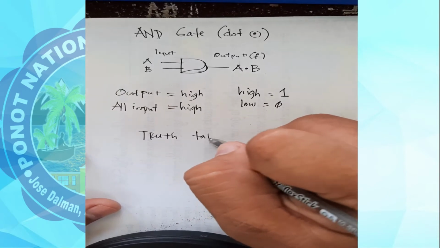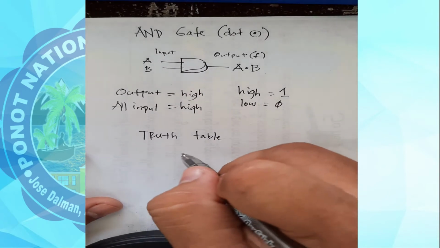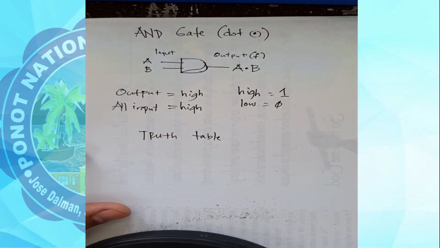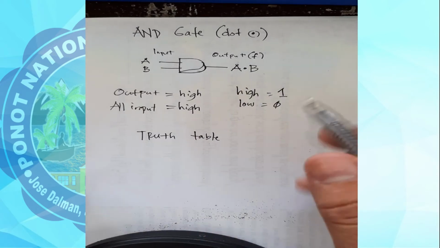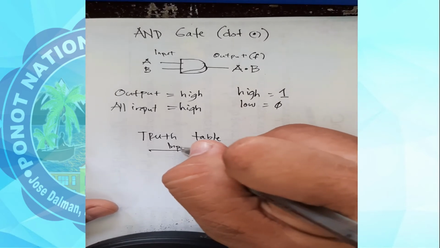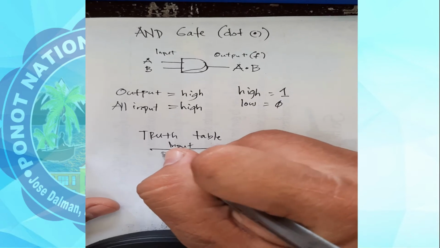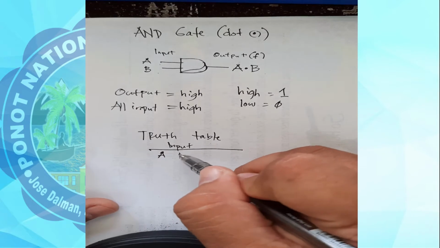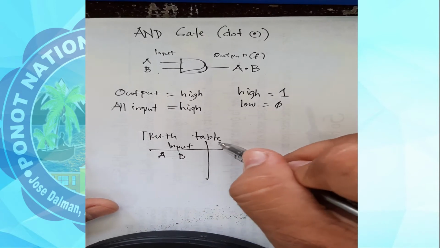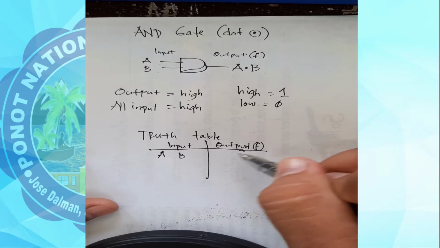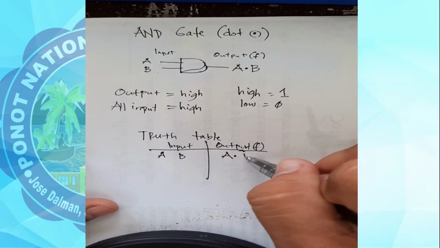What is a truth table? A truth table shows all possible input and output combinations. Here you have the inputs, A and B. What is our output F? That is A dot B.